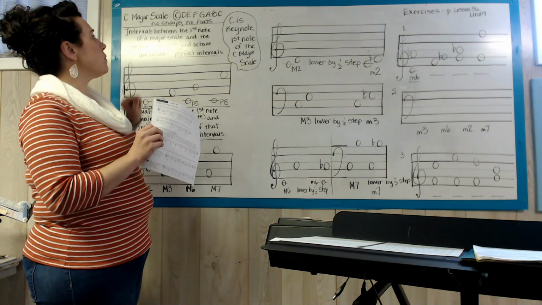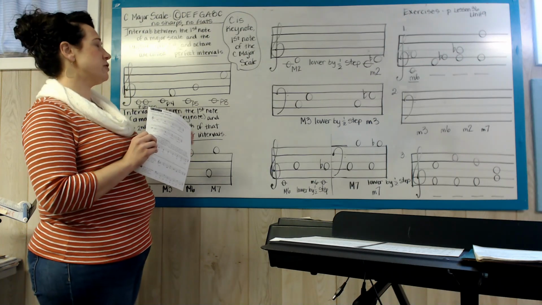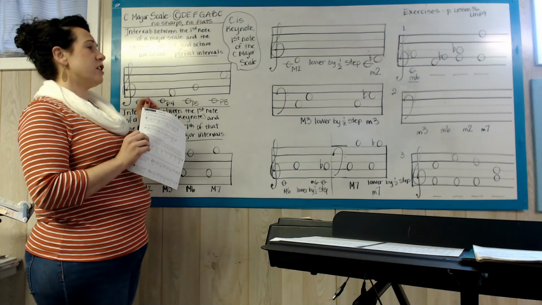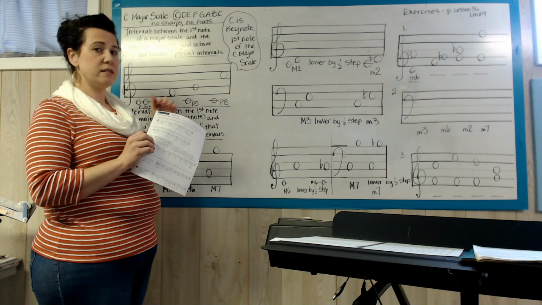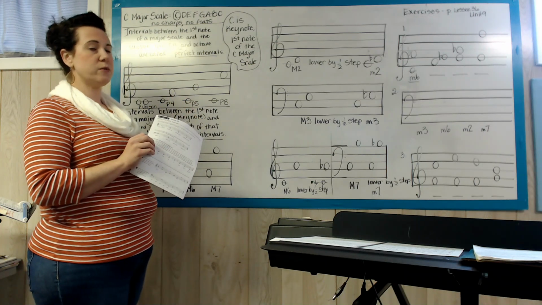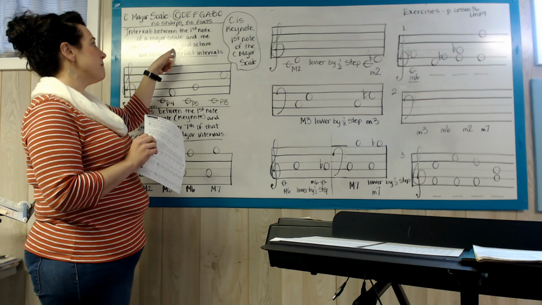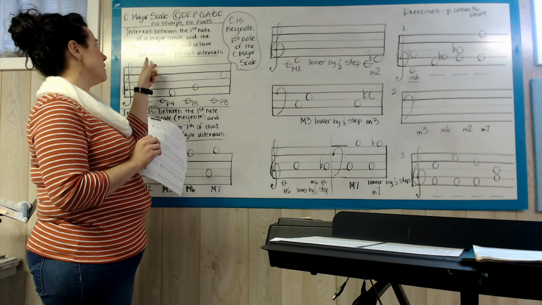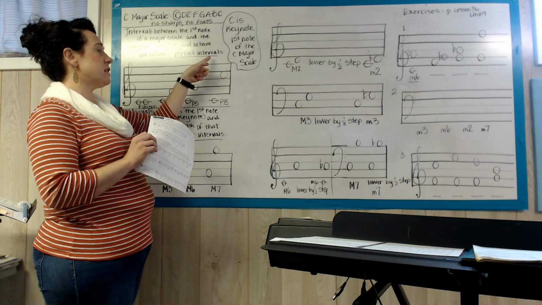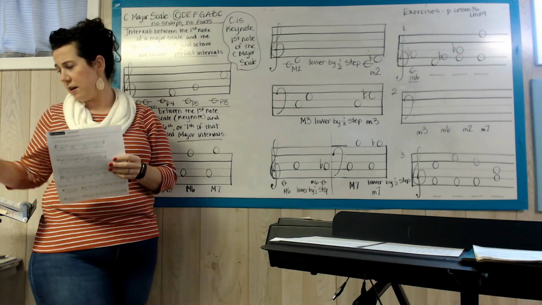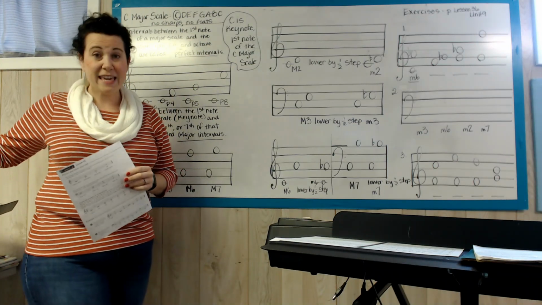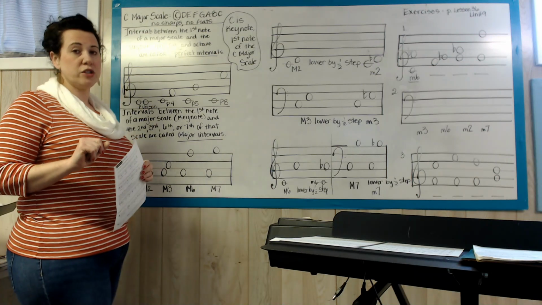Intervals between the first note of a major scale and the unison. Unison is the same note, so you'd have the same note twice. The fourth, fifth, and octave are called perfect intervals. So looking here, I'm in the key of C, remember. It's no sharps, no flats.